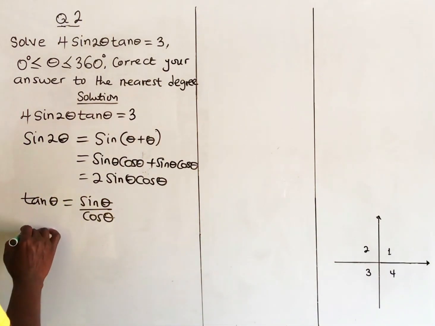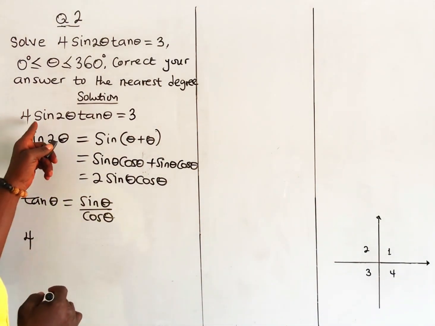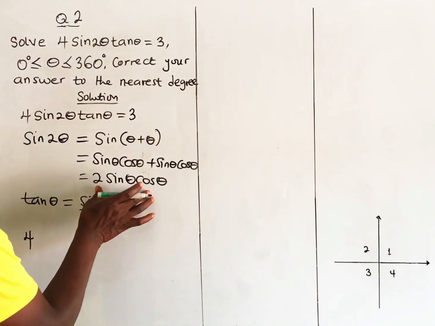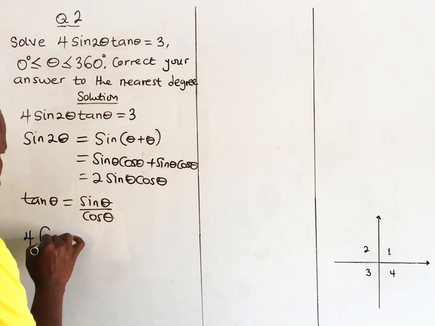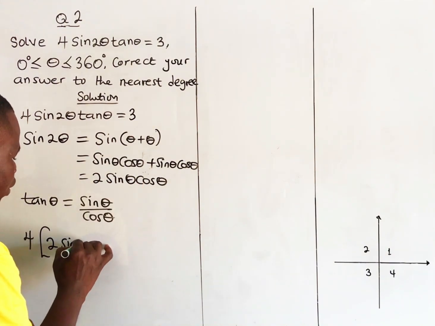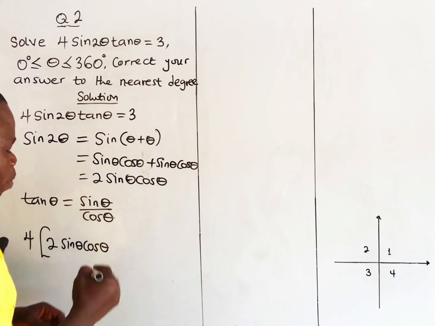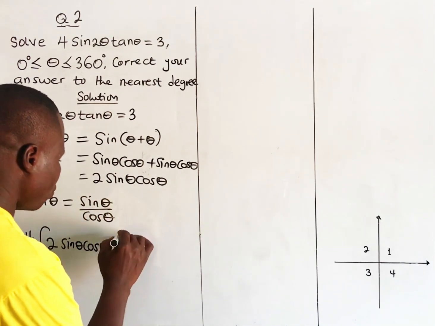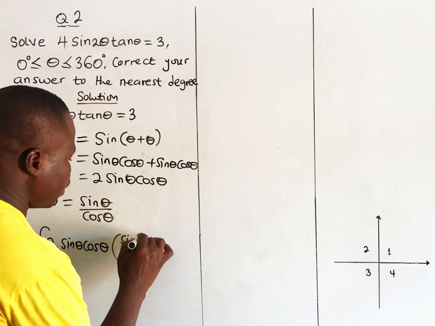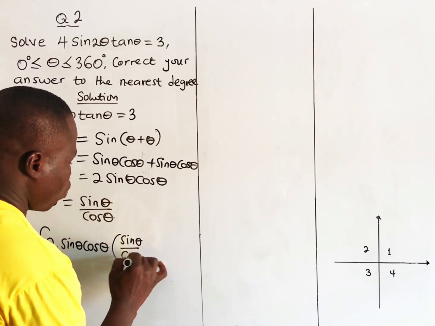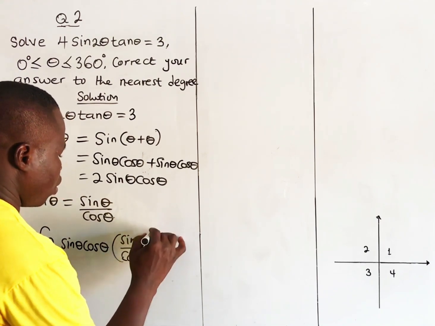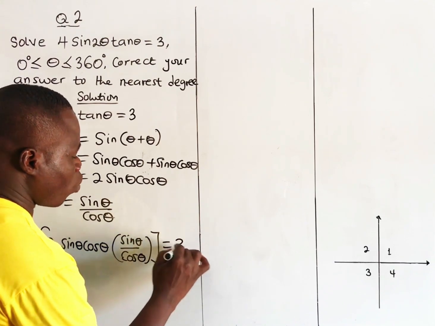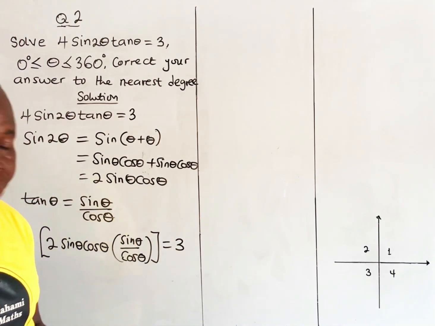I'll have 4, then sine 2 theta is now 2 sine theta cos theta, multiplied by tan theta, which is sine theta over cos theta. Then I'll close it and everything will be equal to 3.